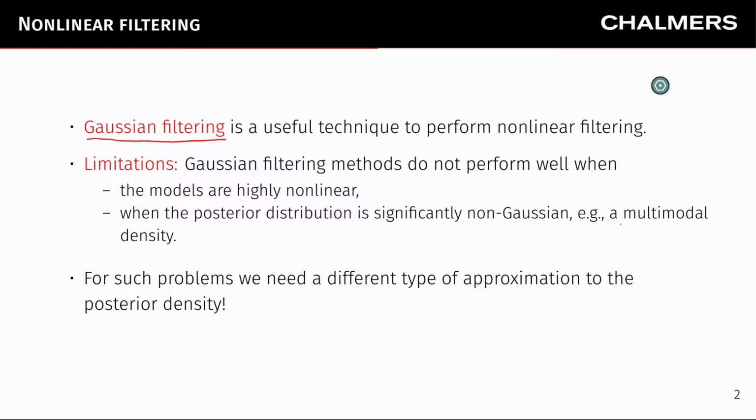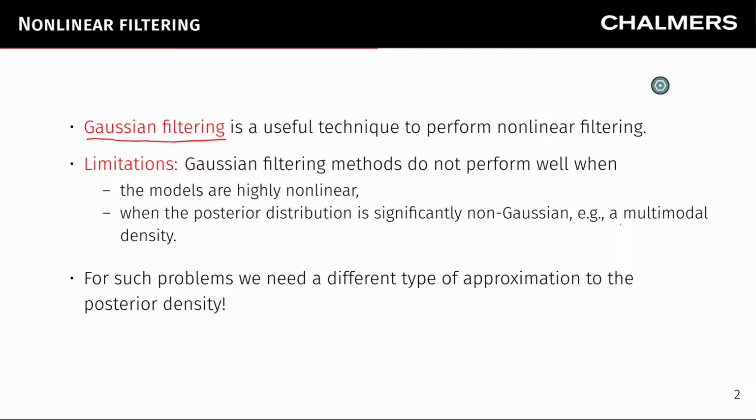In this case, the approximations made in both the EKF and the sigma point methods will be too poor. Another related example is when the true posterior density is significantly non-Gaussian. A multimodal density is one example of this.